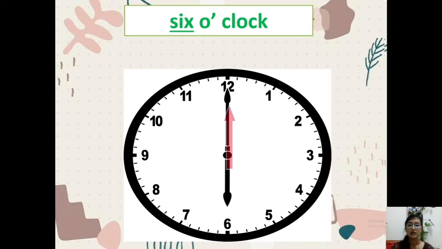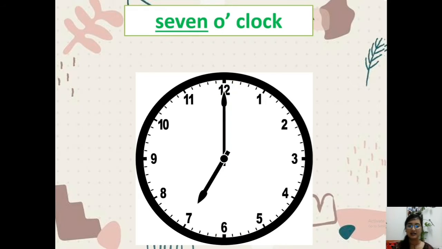Next, if the long hand points to 12 and the short hand points to 6, then the time is 6 o'clock. It's 6 o'clock. Great. Next, if the long hand points to 12 and the short hand points to 7, then the time is 7 o'clock.